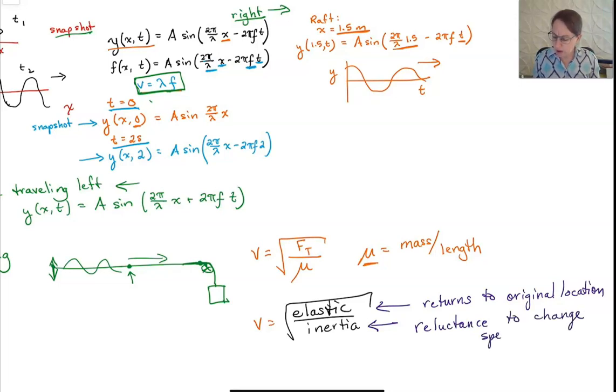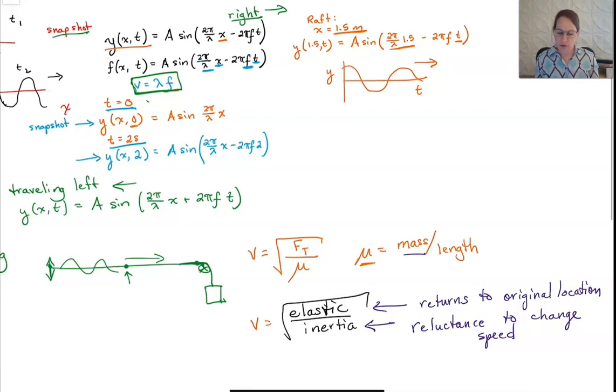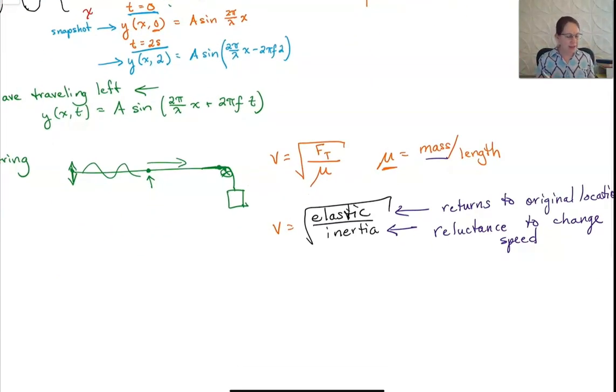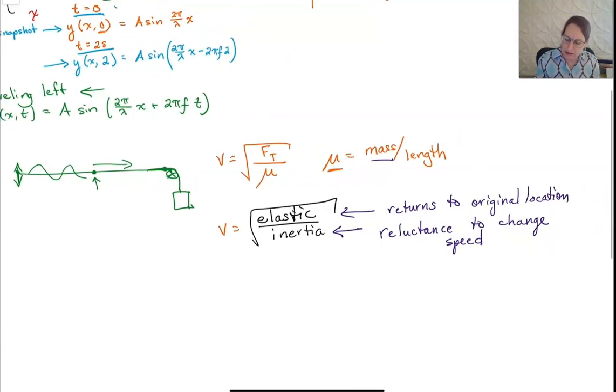So when we have waves going through different materials, whether it's a string, where the force of tension determines how quickly the string snaps back to its original position compared to its mass. For sound, we depend on this elasticity here. It depends on how compressible the air is, a gas, versus the inertia associated with the molecules in the gas.